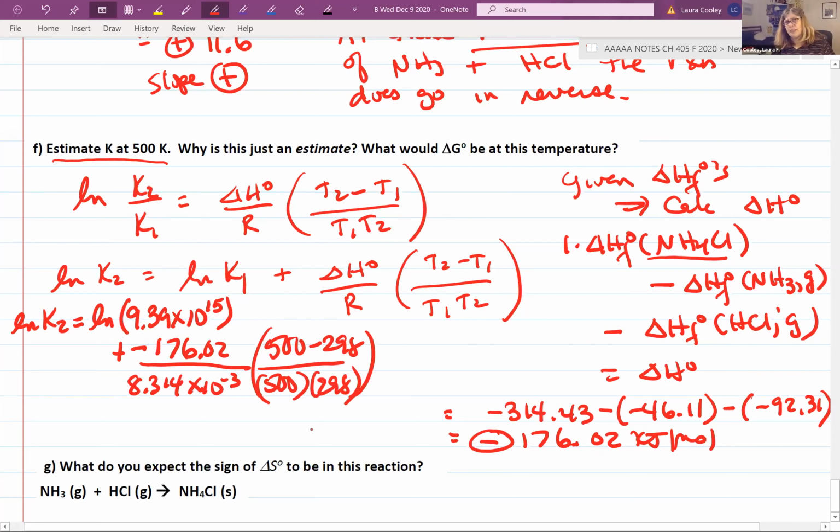You should probably be careful, but you know that the delta H is negative, so for sure the K at the higher temperature is going to be lower. And it is.